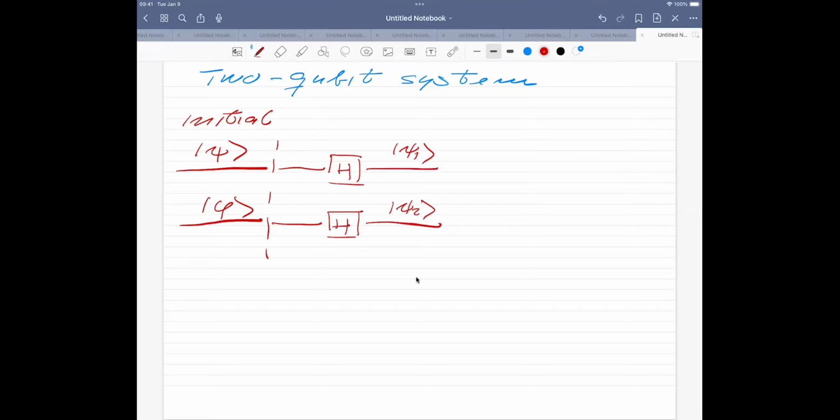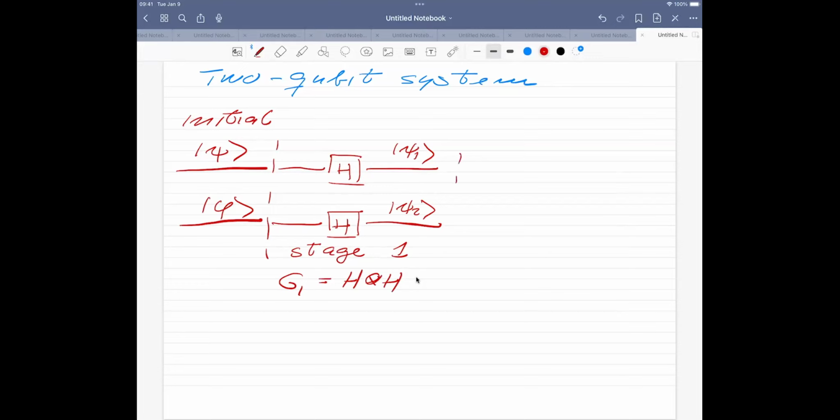We can call this stage 1. And in this specific case, we are transforming our state by a specific process, which I'm going to call G1, which is simply going to be given by 2 Hadamards. So I write it like Hadamard times Hadamard.